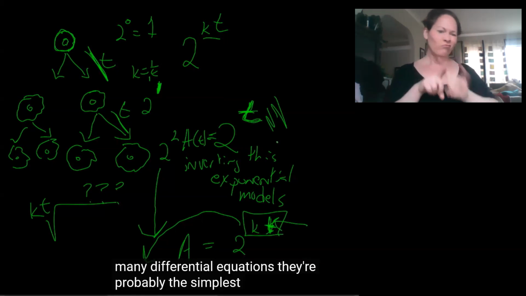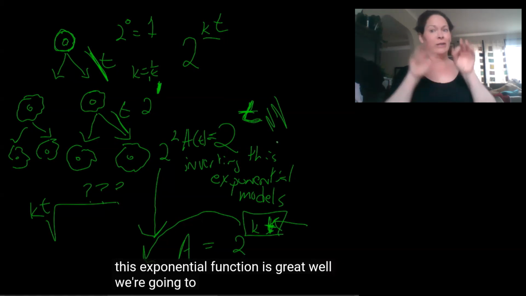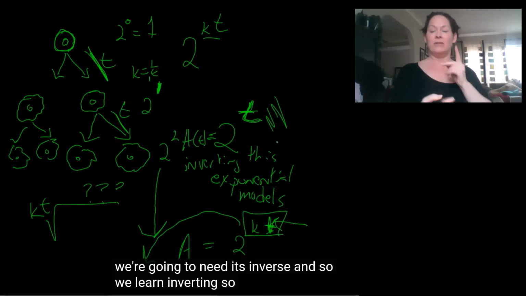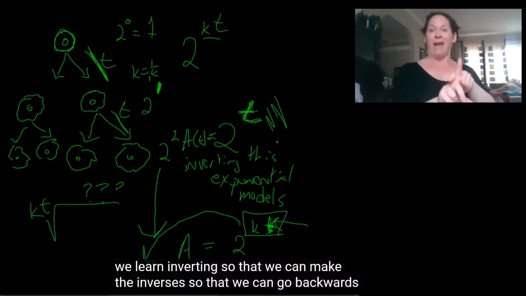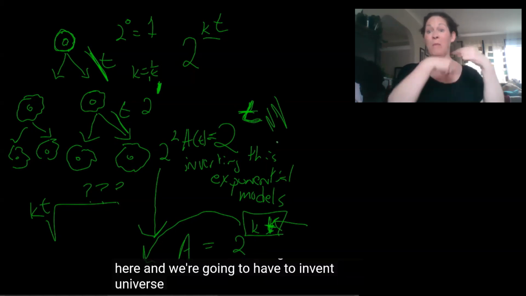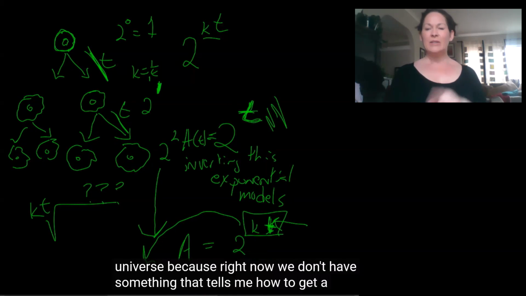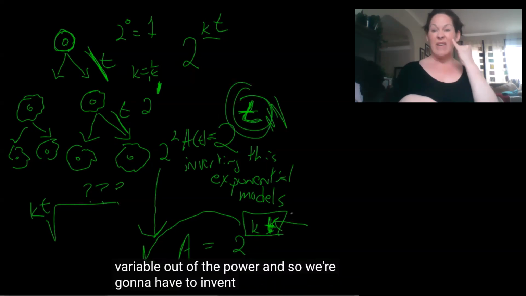They're probably the simplest forms to do it. So this exponential function is great. Well, we're going to need its inverse. And so we learn inverting so that we can go backwards here. And we're going to have to invent the inverse, because right now we don't have something that tells me how to get a variable out of the power. And so we're going to have to invent that.